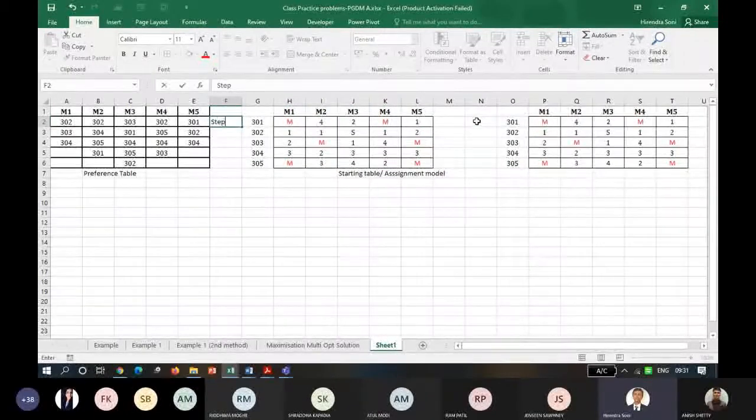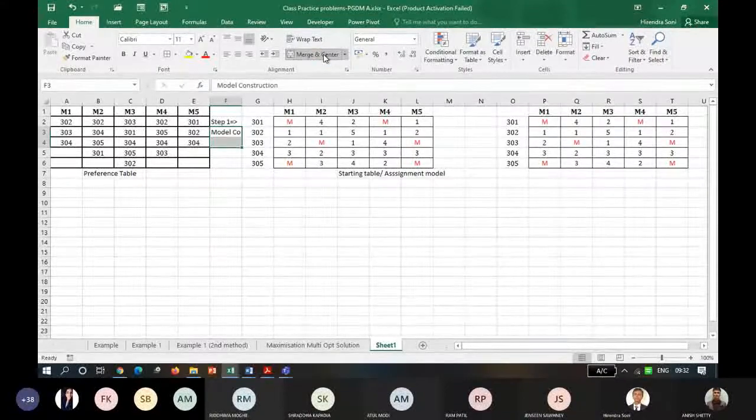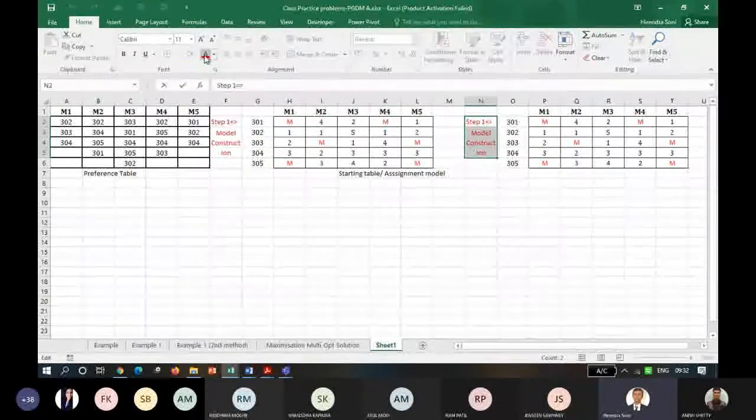So let us say यहाँ पर डालते हैं मेरा step 1. Step 1 was model construction. ठीक है. Step 2.